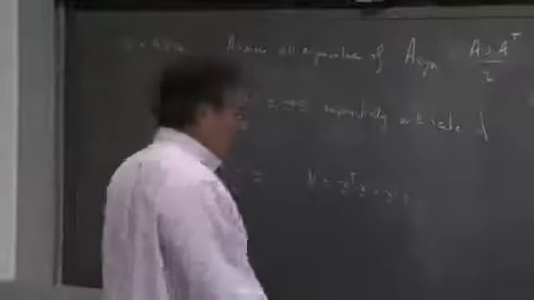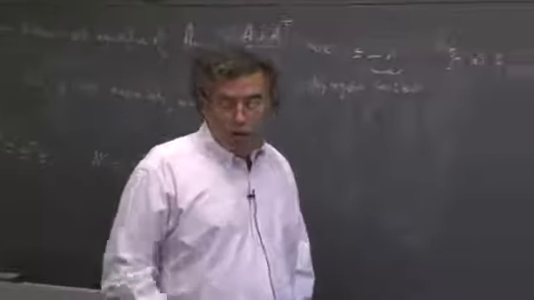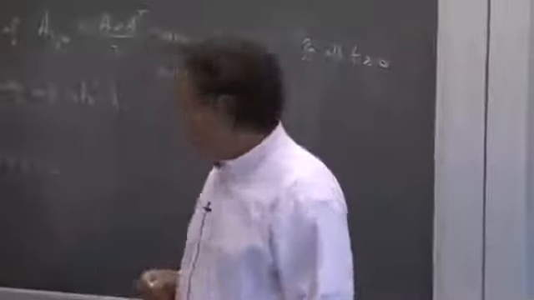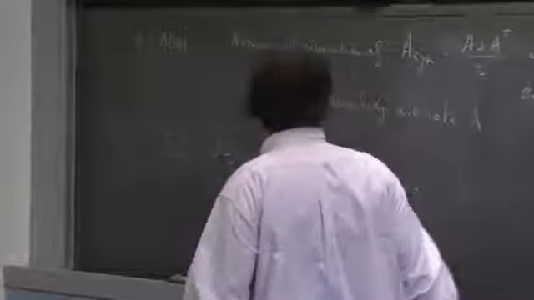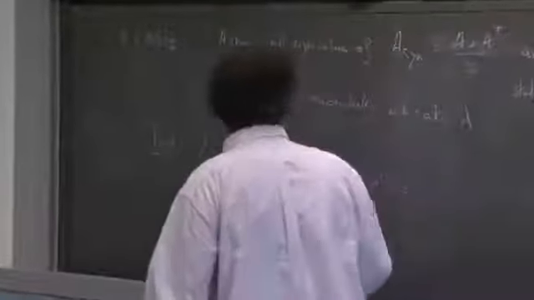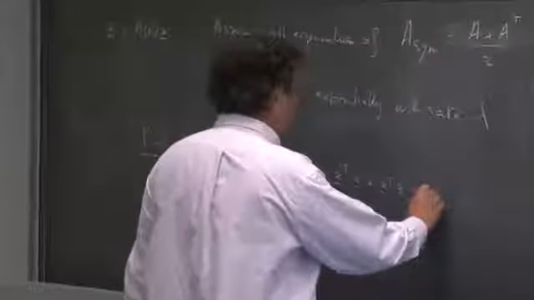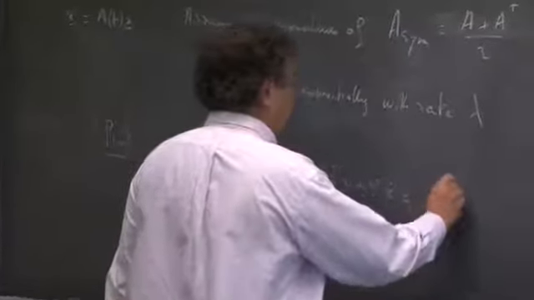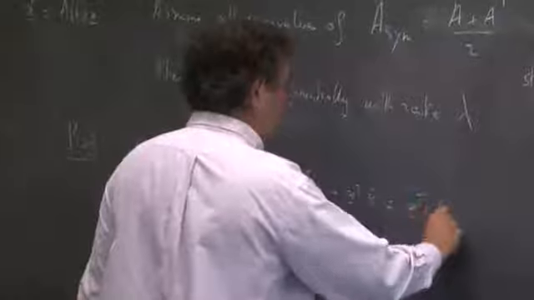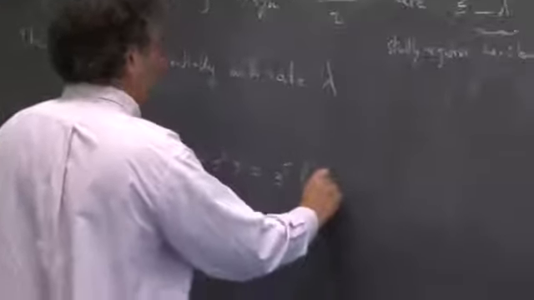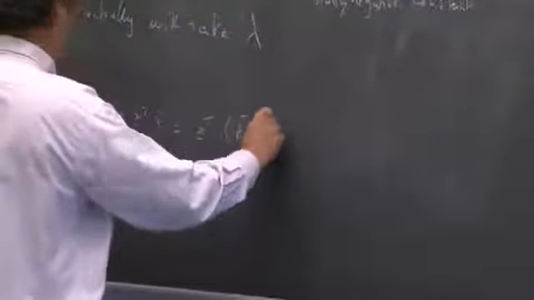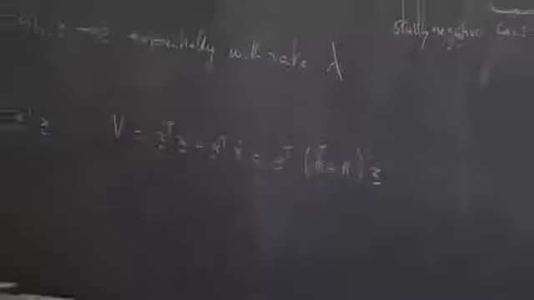And therefore, we can replace this by its expression. x dot is equal to Ax. So we get x transpose times (A transpose plus A) x.